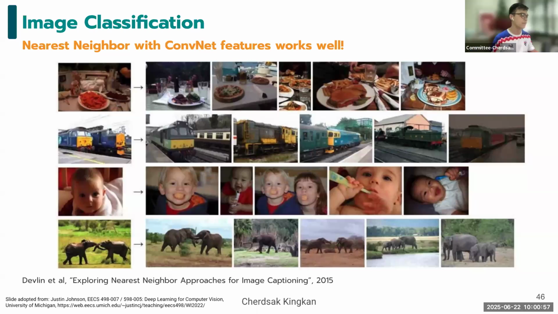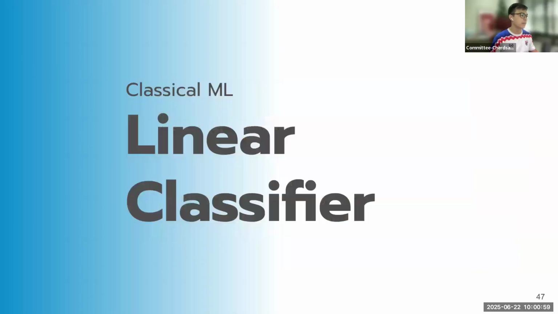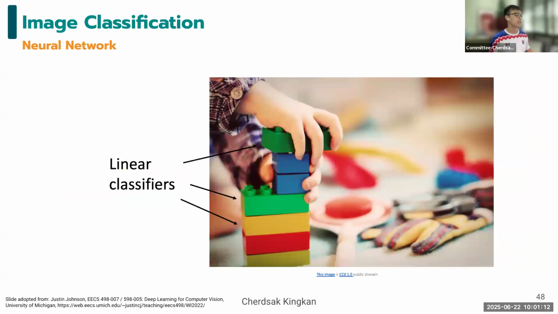All right. So that's the first classical machine learning classifier. The next one will be a linear classifier. A linear classifier is used very often in neural network structures.